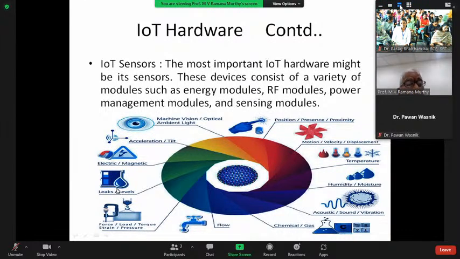Again, you have leaks and levels that you have to identify, the electric magnetic system component is also there, acceleration, then machine vision, optical, ambient light. So these things are required in order to account for their effect. What we do is we control them with the sensors. So that's why I said IoT is basically a sensor controlled environment.